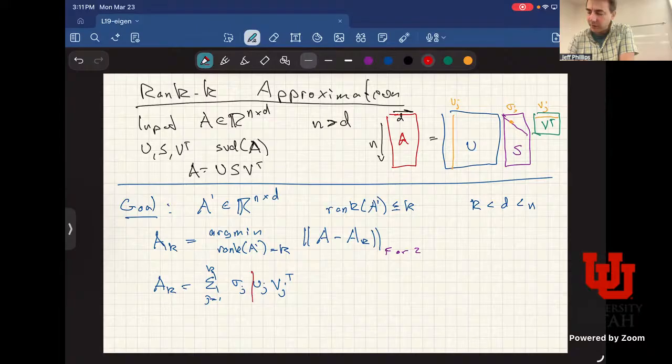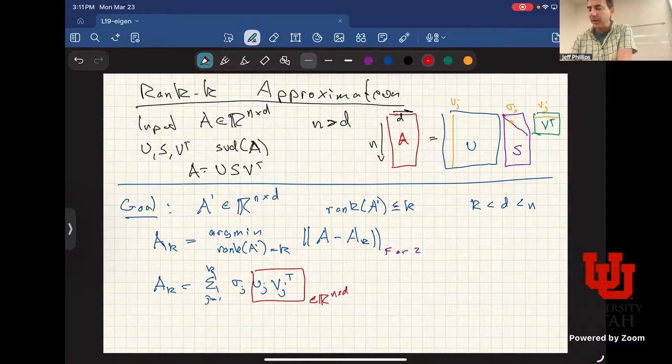As a reminder, this is an outer product. So this term is an N by D matrix but is rank 1. When I take two vectors and take their outer product, I get an N by D matrix.